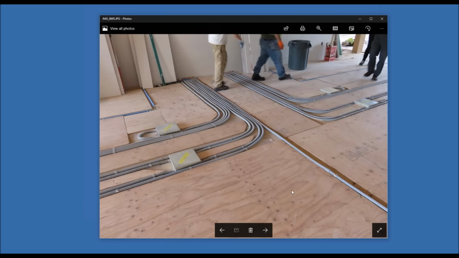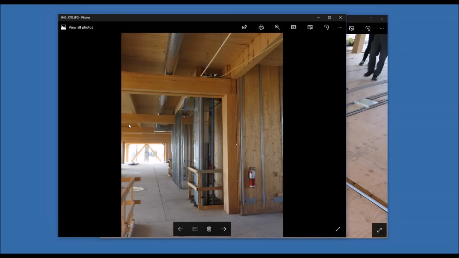But this is an example of a CLT project where they actually furred up using plywood and ran some conduit through there. Or here is another picture where, depending on the system, they actually framed it such that they had the allowable area for the ducts to run through. They also fur out walls.